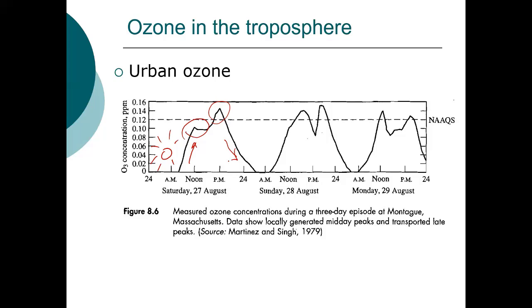Plot is from 1979. At that point, the NAAQS for ozone was 120 parts per billion. As I mentioned, it is now 70. So it's now right in here. It was decreased from 75 to 70 in 2015.